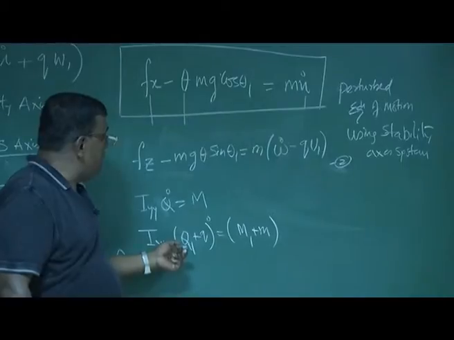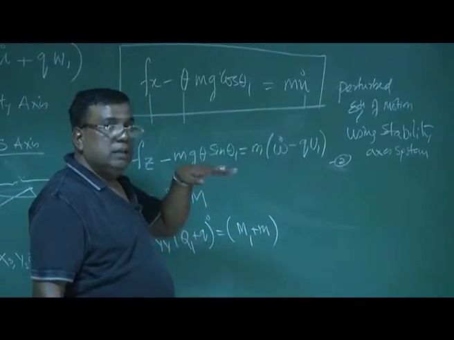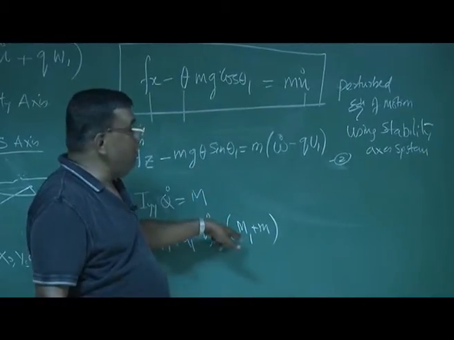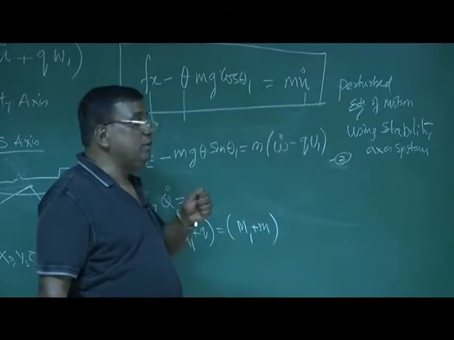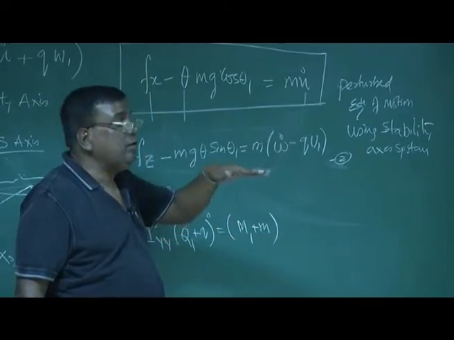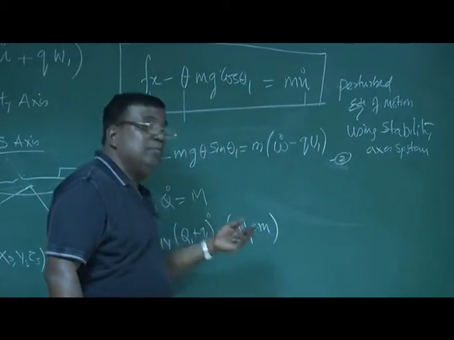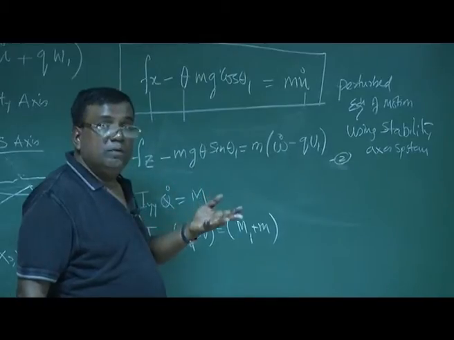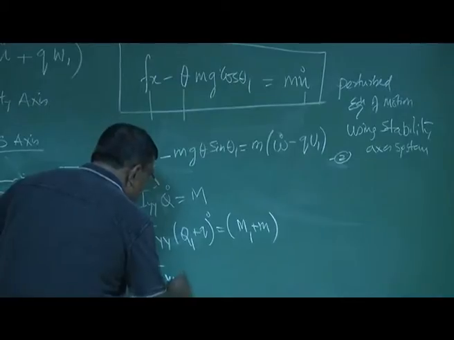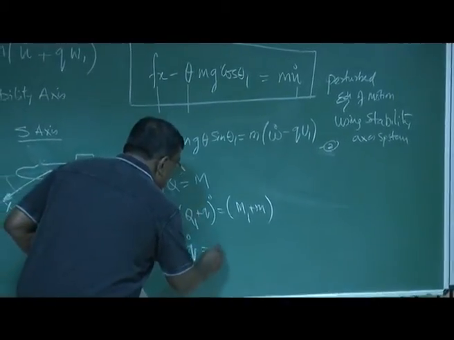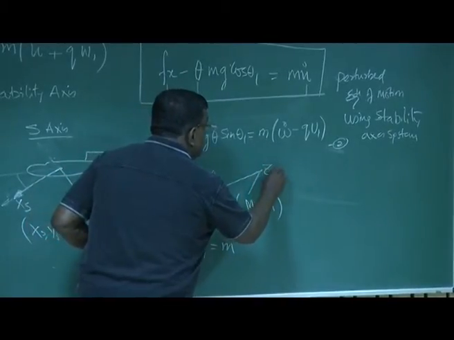So this term vanishes. Here m1 is the pitching moment at steady state. Since the airplane is at trim, m1 will be 0, but the perturbed quantity m will not be 0, because as you disturb it, the airplane will oscillate and try to come back, or it may diverge. At steady state the pitching moment is 0; that is how we define trim. So I get I_yy q dot equal to small m.